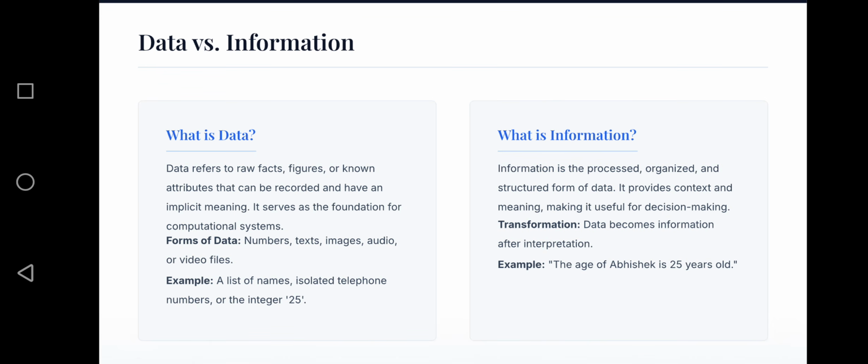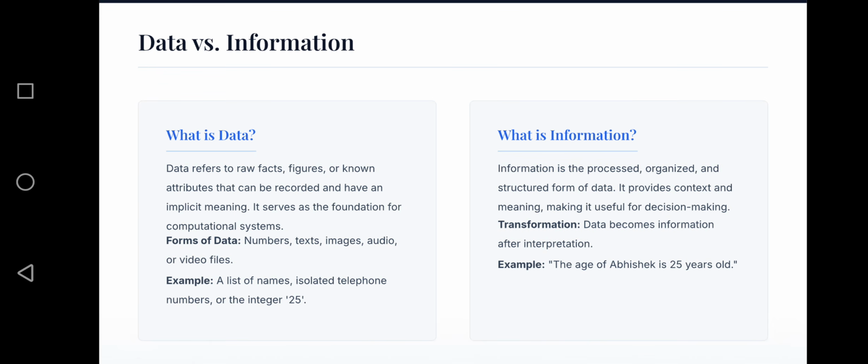Just the facts will be there, so we don't know how these things are related. That data we cannot use for decision making. But information will be properly informed about what the data are and how the data are correlated.